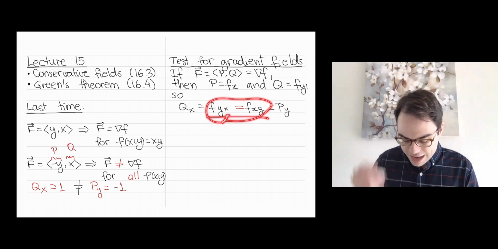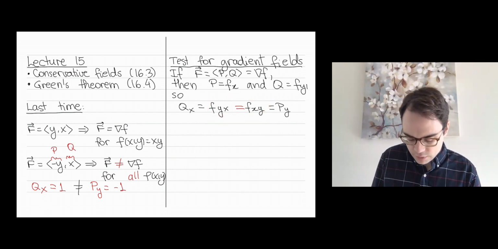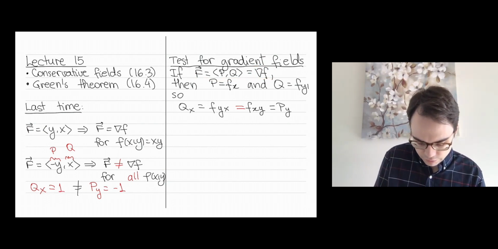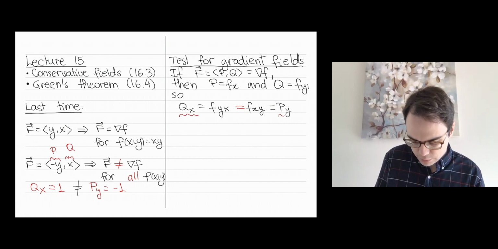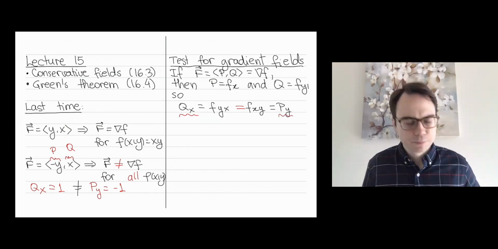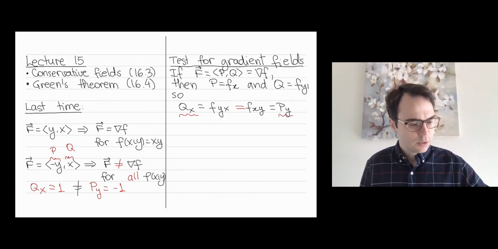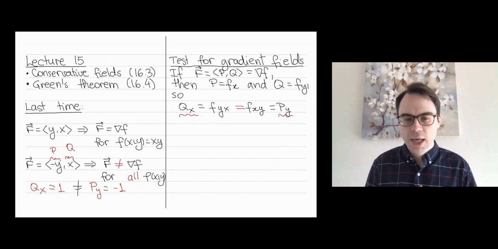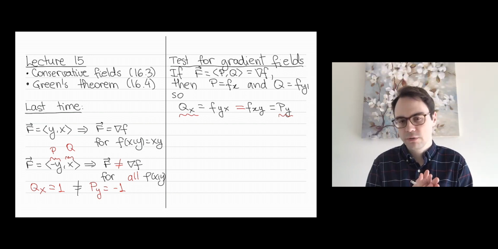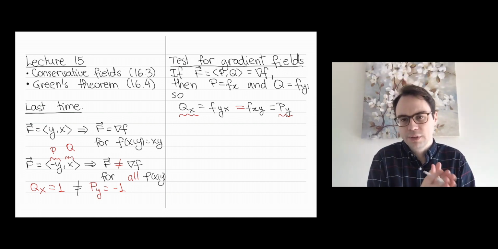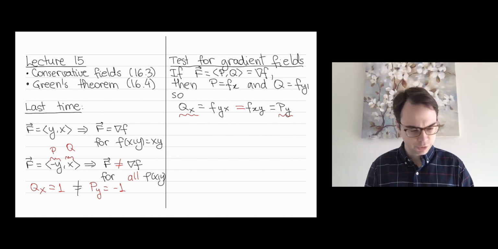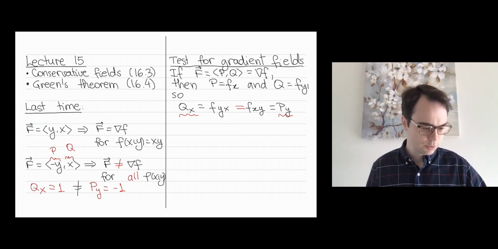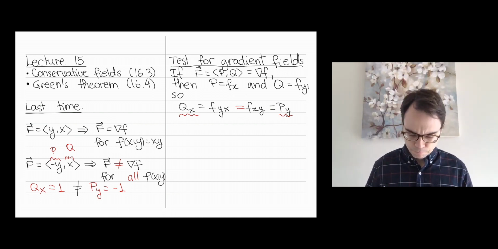So this is true, and therefore, if a vector field is a gradient of a function, then the x partial of the second component of that vector field must be equal to the y partial of the first one. Cool. So this is a condition that must be satisfied if the vector field F is the gradient of some function. Q sub x must be equal to P sub y.